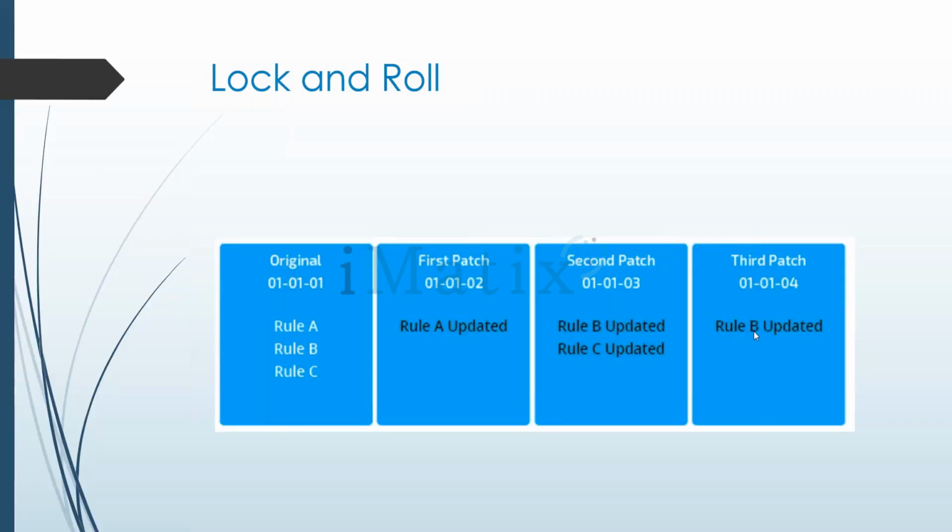Exactly, because the most updated version of that Rule A lies with the first patch. Then for Rule B, from the third patch. Second patch, perfect. The system is going to pick the highest version of each rule instance.